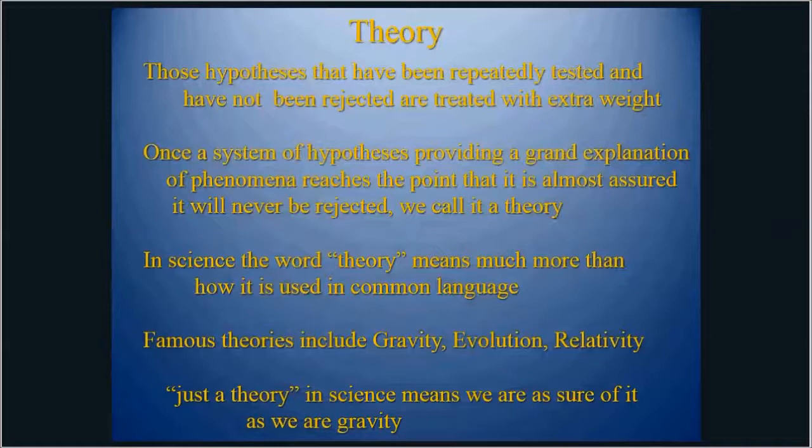It is very difficult for something to become a scientific theory. And the word theory in science means much, much more than it does in just regular common language. Famous scientific theories include the theory of gravity, the theory of evolution, and the theory of relativity. So just a theory in science means that we are as sure of it as we are of gravity.